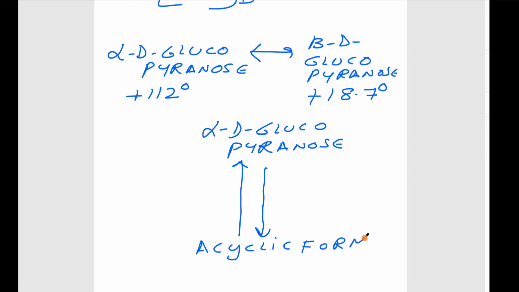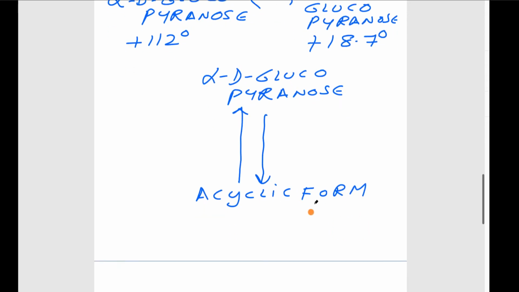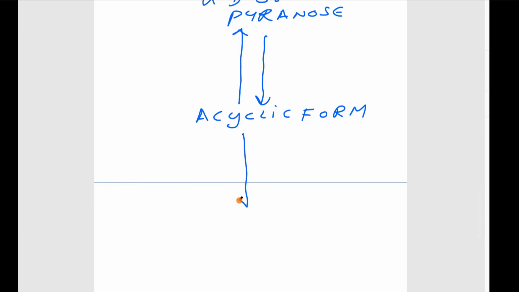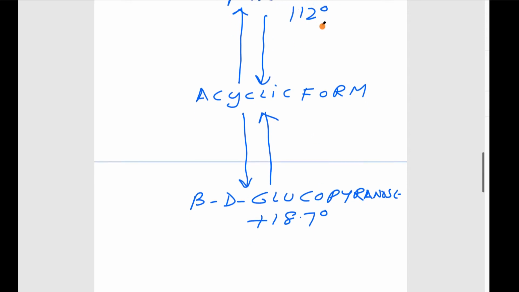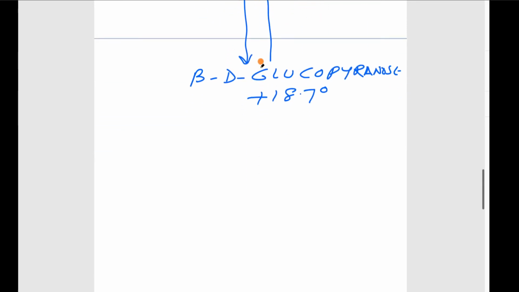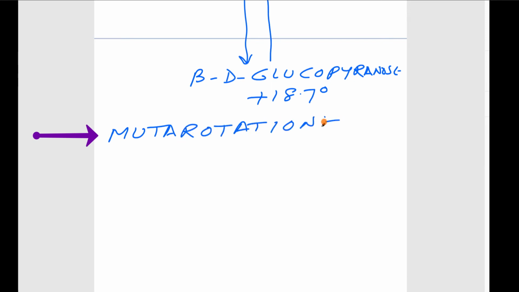Later, as you can see here, it is converted to beta D glucopyranose, which is plus 18.7 degrees. Here it is 112 degrees. Based on that, we can describe mutarotation, the second objective.